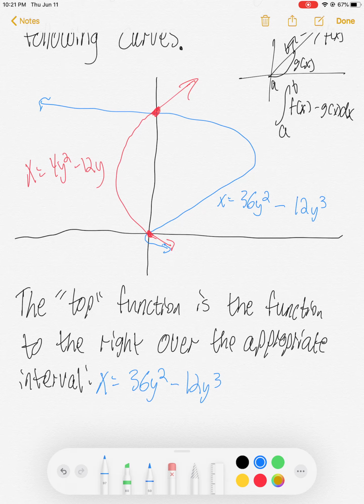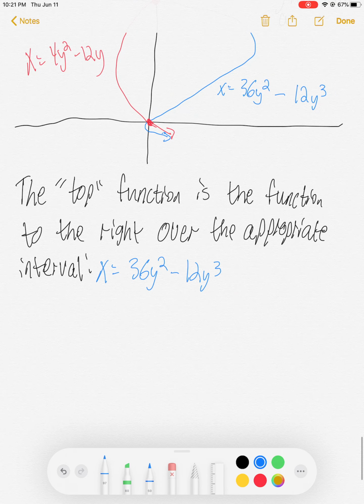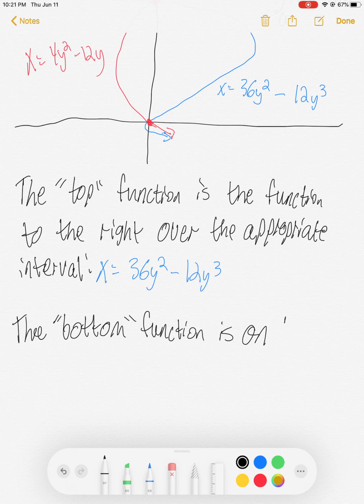It might be helpful if you rotate this graph clockwise. Then I can see that we've just rotated the plane, and it looks like a standard y as a function of x problem.